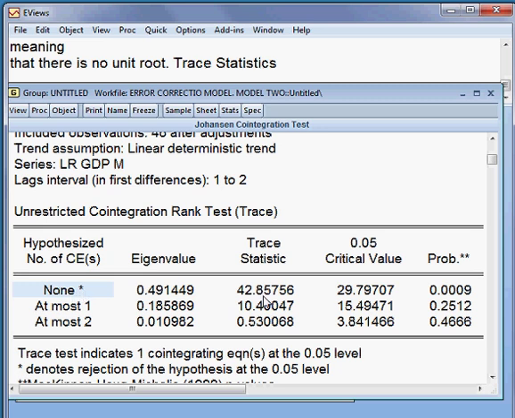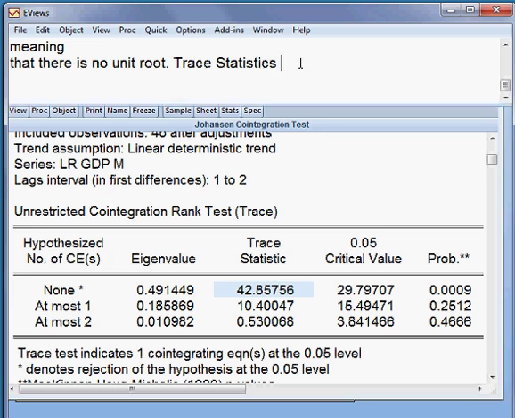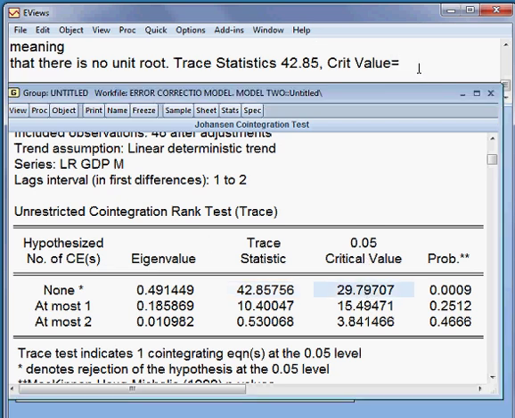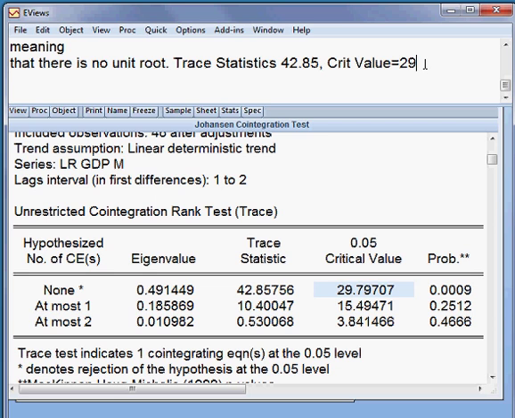The trace statistics is how much? The trace statistics is 42.85. And the critical value is 29.779.